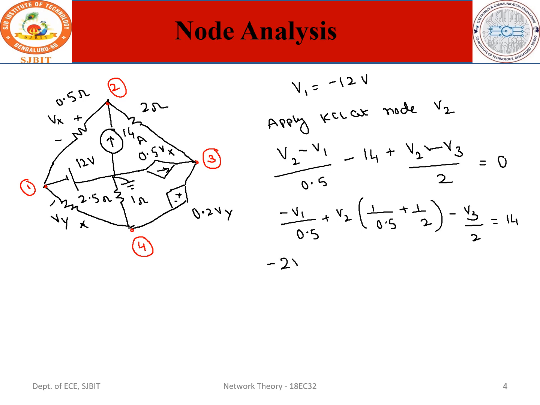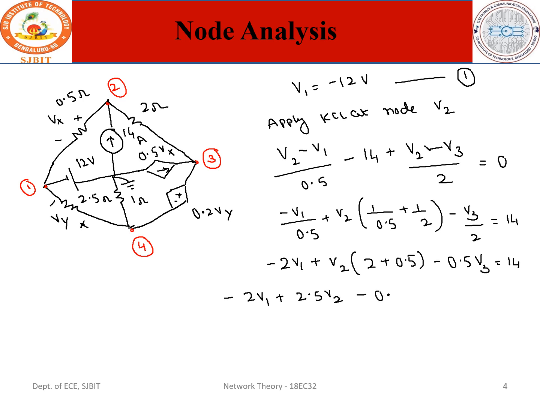This becomes minus 2V1 plus V2 into 2 plus 0.5 minus 0.5 V3 is equal to 14. This you take as equation 1. Next, this is minus 2V1 plus 2.5 V2 minus 0.5 V3 is equal to 14. Call this equation 2.